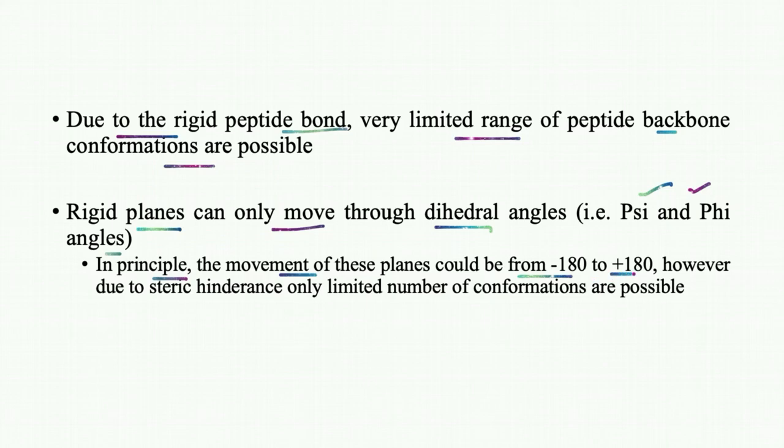So the dihedral angle could be from 0 to plus 180 degrees, or from 0 to minus 180 degrees. That shows that it can move either clockwise or anti-clockwise. However, due to steric hindrance, only a limited number of conformations are possible.